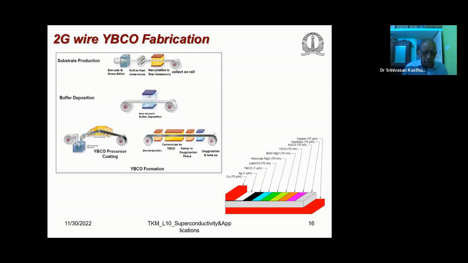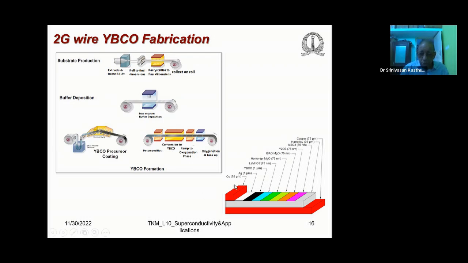The YBCO precursor is coated on this material, and then it is allowed to decompose. When you do the decomposition, you get conversion to YBCO, and then oxygenation. So now you have the procedure to prepare the wire. That means initially the wire is prepared, then it is oxygenated.